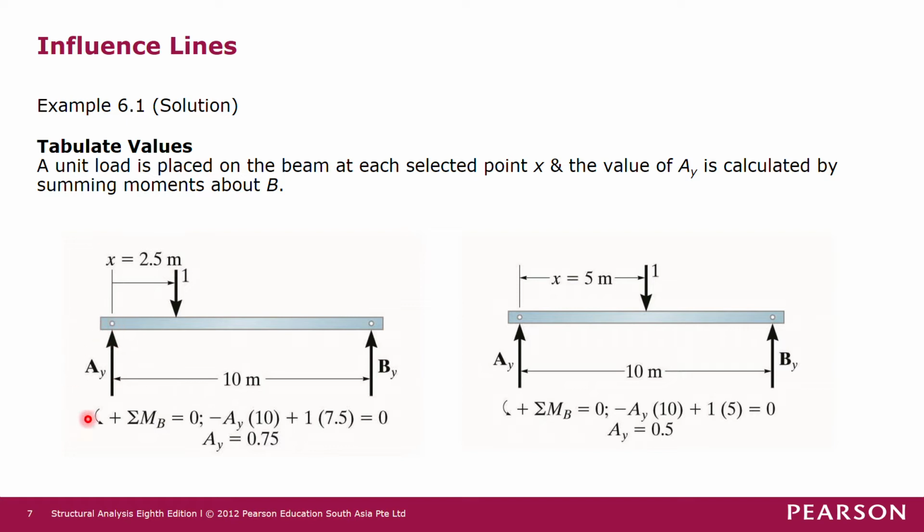So this is the force that we're interested in drawing the influence line. First of all, we put a 1 unit force at 2.5 meters away from point A, and just now we said that we want to use upward reaction as positive, so we put a reaction in the upward direction.